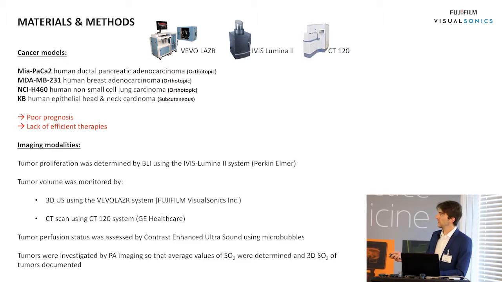We chose these different tumor models because they were really hypoxic, and some of them own a really poor prognosis, and there is a lack of efficient therapies for some of them.